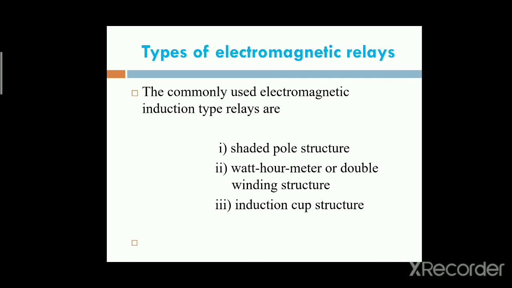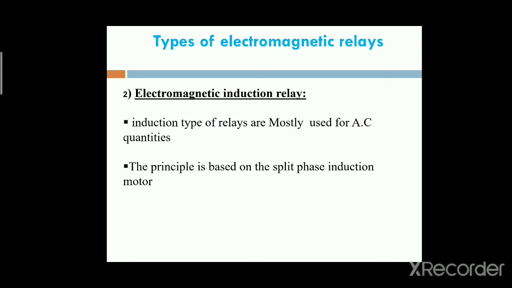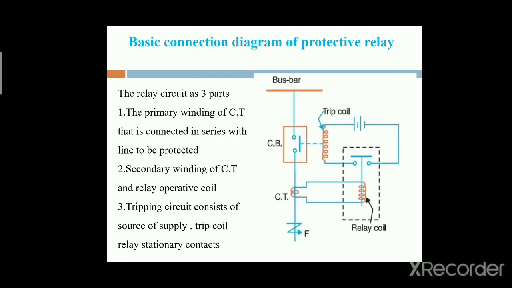within a short time. How the relay coil gives the indication to the circuit breaker will be observed in this figure. Taking one bus bar, in that bus bar we are connecting one CT and also a circuit breaker.